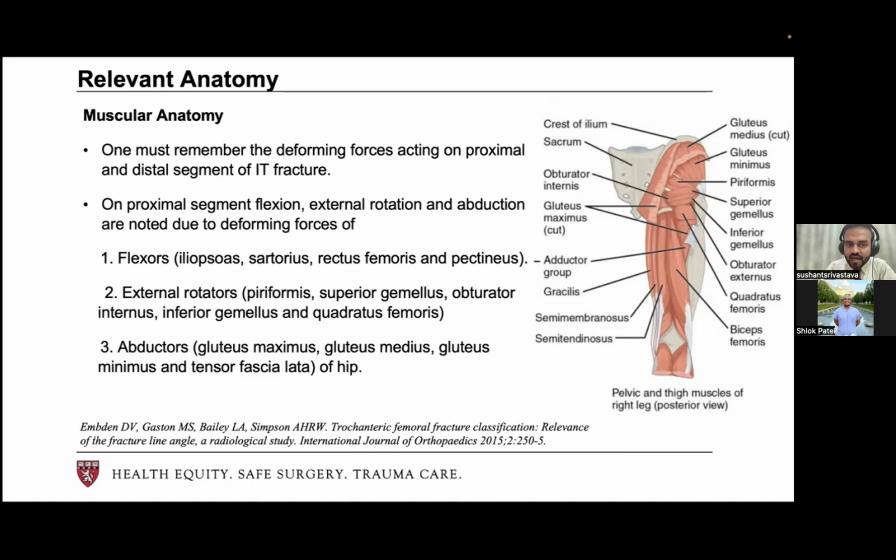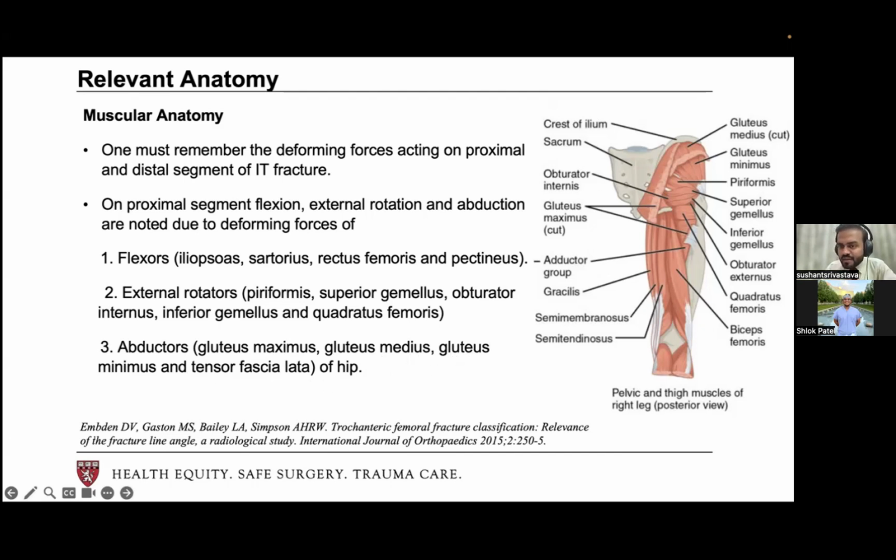These are caused by the deforming forces of the flexors, that is the iliopsoas, sartorius, rectus femoris, and pectineus; the external rotators, that is the piriformis, superior gemellus, obturator internus, inferior gemellus, and quadratus femoris; and the abductors, that is the gluteus maximus, gluteus medius, minimus, and the tensor fasciae latae.